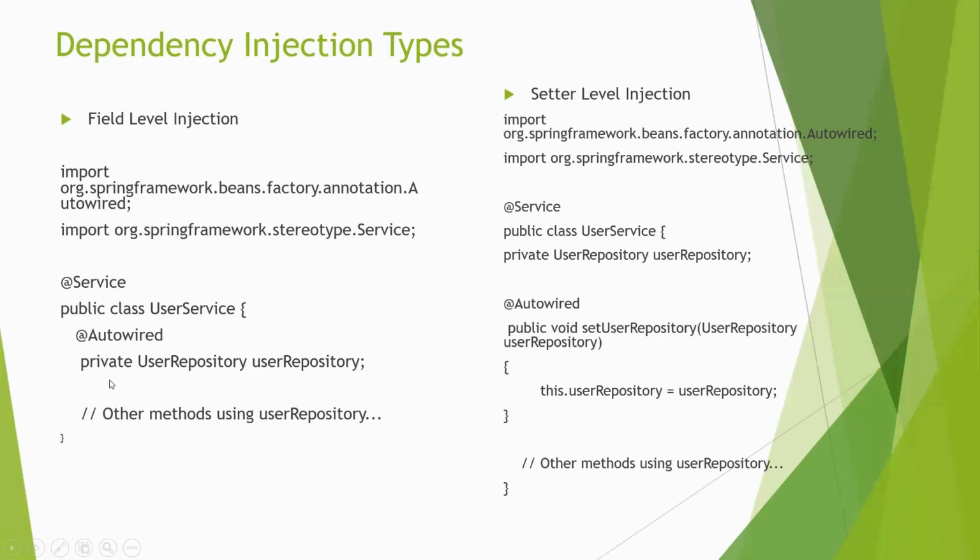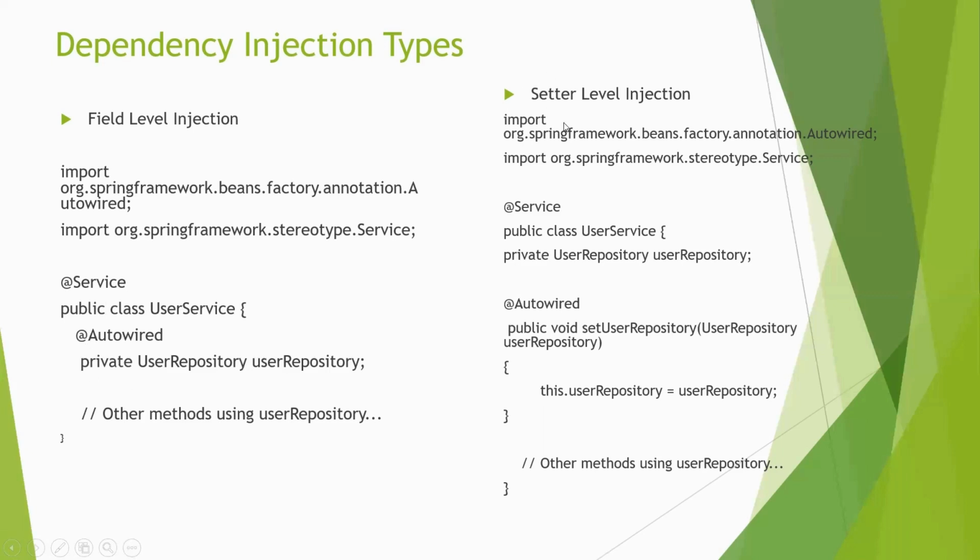For that we declare the UserRepository interface and annotate it with @Autowired. By doing that, we can use the properties, methods, and features of the UserRepository interface. This is field level injection.